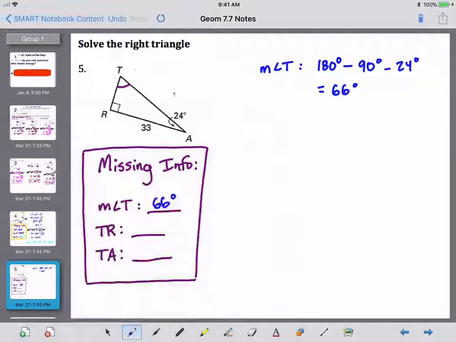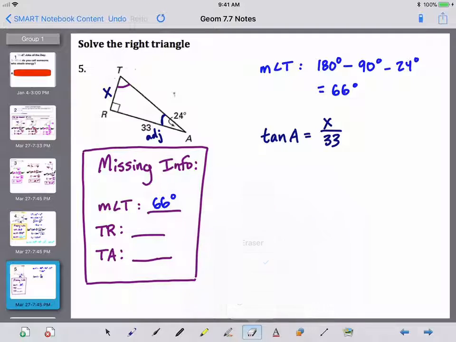All right, so now we can find TR. I'm going to use this angle A here, and I notice that TR is opposite angle A, and I know the side adjacent here, RA, is 33. So if I am trying to find opposite, let's call that X. I can set up the tangent, because opposite over adjacent tells you to use the tangent of the angle A is the opposite over the adjacent.